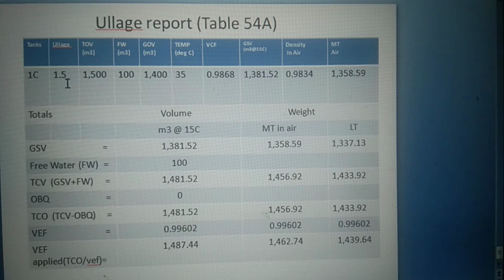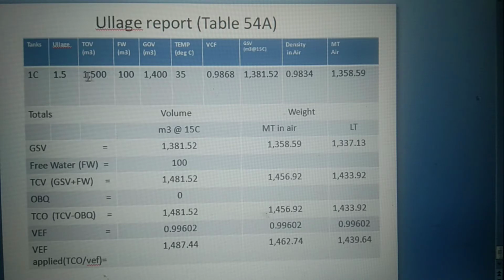This 1.5 meters we enter into the ullage table. Every tanker ship, guys, has a specific ullage table. So we have 1.5 ullage, and we enter it into the ullage table and we get the value of 1500 cubic meters.